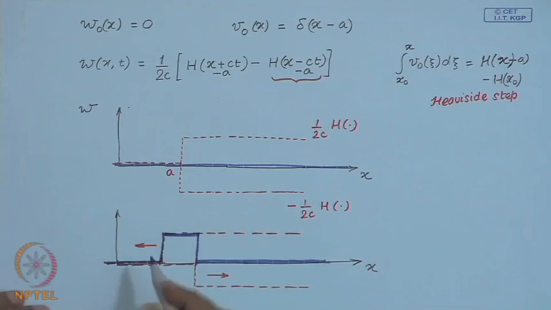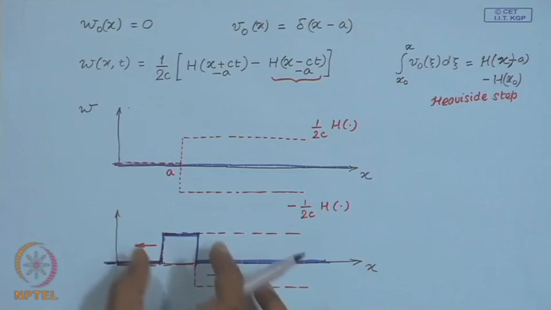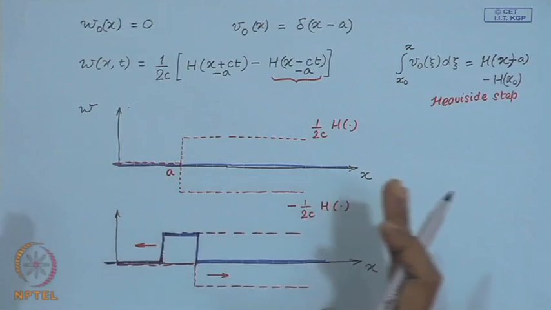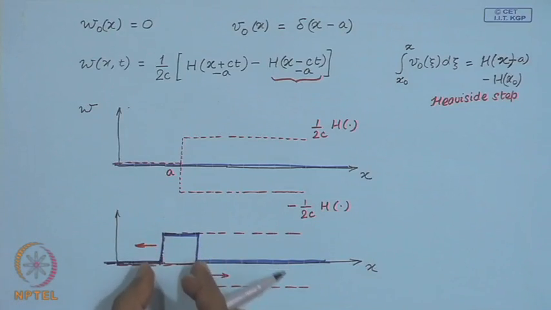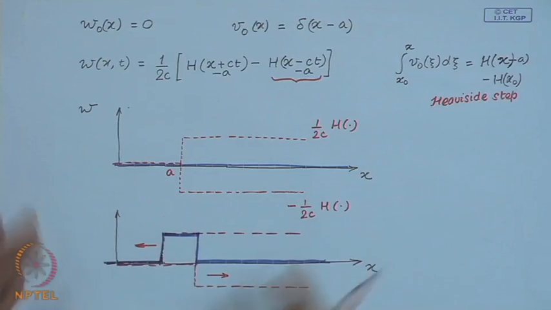So, what happens is there is a hump which is spreading out in both directions, the hump is expanding. So, you can understand from this simple example that here there is a rectangular pulse which is expanding.